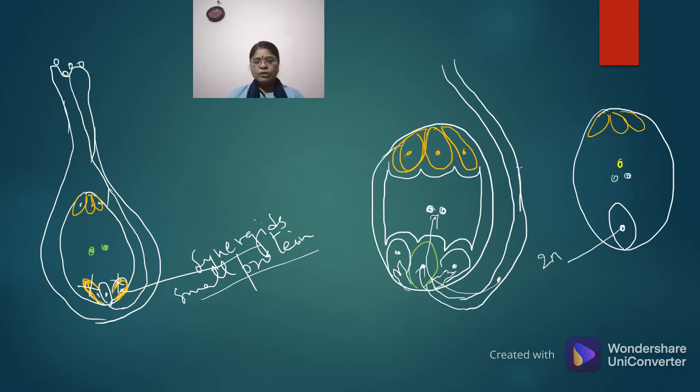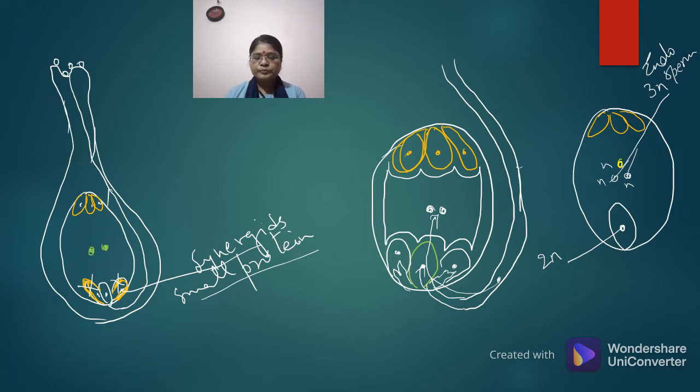Now these three will fuse together, the polar nuclei and your male gamete will fuse together, and they will form 3n, which is your endosperm.